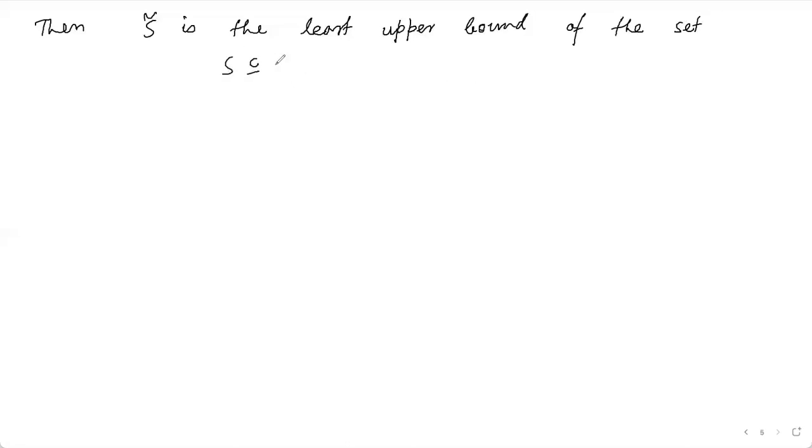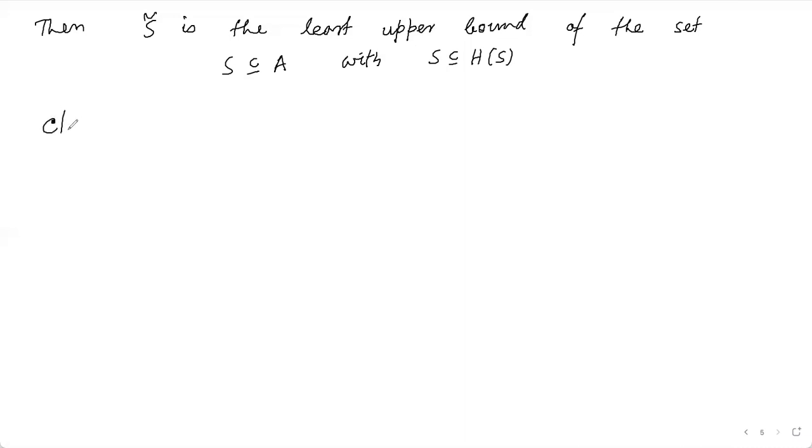Then S tilde is the least upper bound of the sets S subset of A with S subset of H of S. Now we have the second claim which completes the proof.